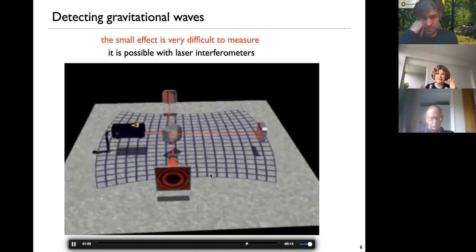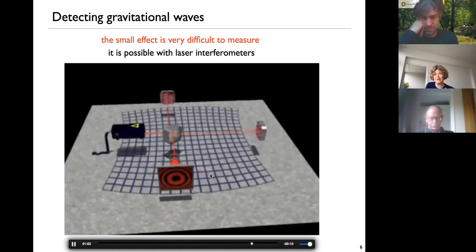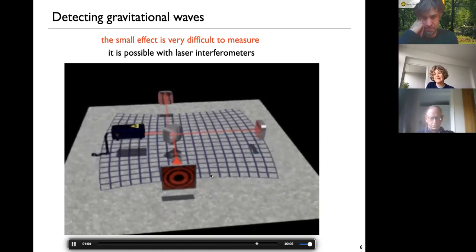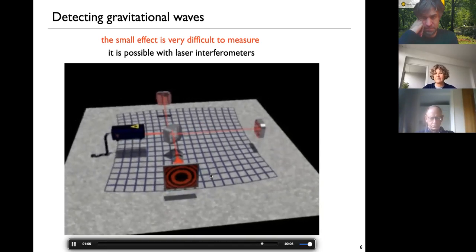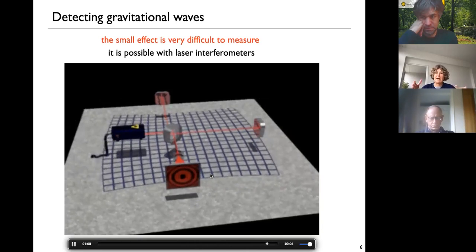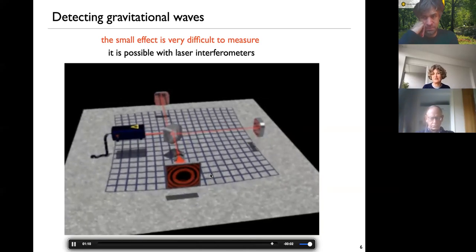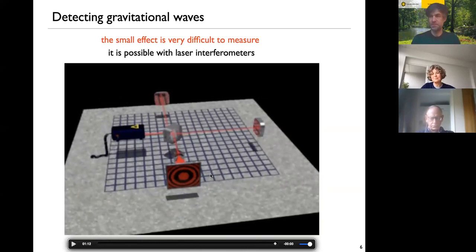And changes in the relative length between orthogonal directions are precisely the changes we expect from gravitational waves as they pass by and squeeze and stretch space in different ways, in different directions. So by looking for changes in the interference pattern, we can measure the effect of the wave within this setup.